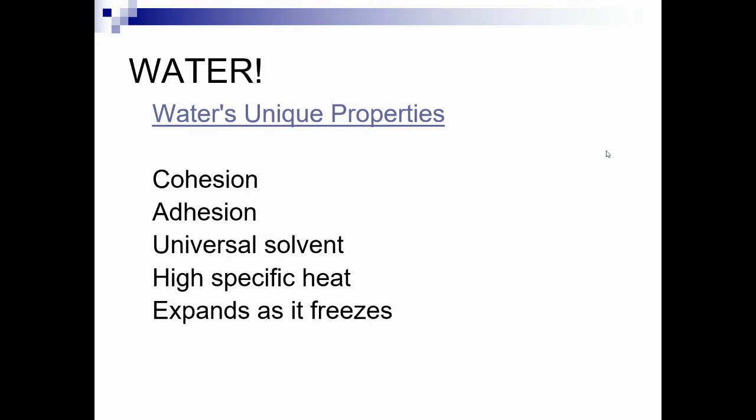Universal solvent: more molecules will separate into their component parts in water than in any other liquid. It's the universal solvent because more things, other than lipids, will dissolve in water than in any other liquid. And that's really important in biology because inside of our cells, we have aqueous solution. We have a water solution.